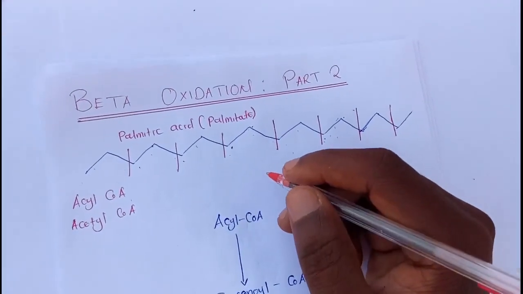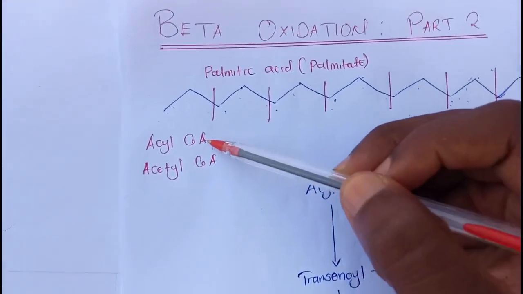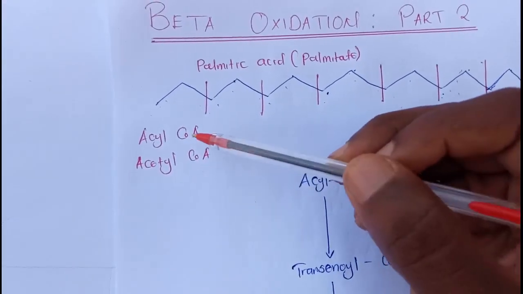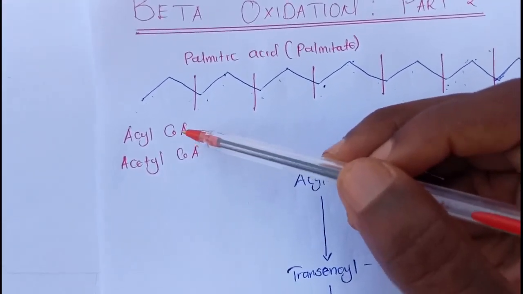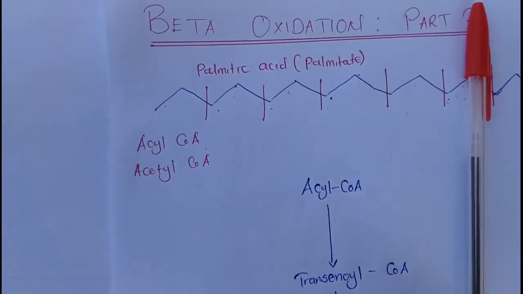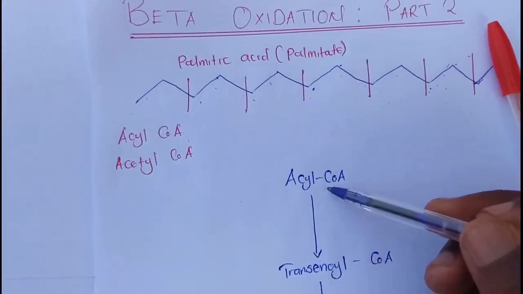Another thing I want you to take note of is that acyl CoA and acetyl CoA are 2 different things. This is a mistake that most of us actually make, but I'm here to clarify it. Do not mistake them. Remember we have an acyl CoA.